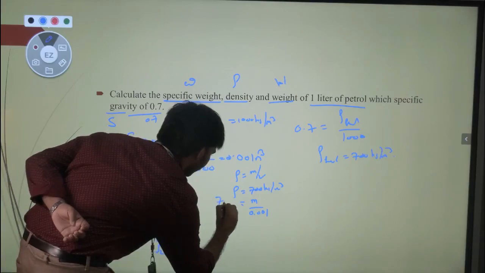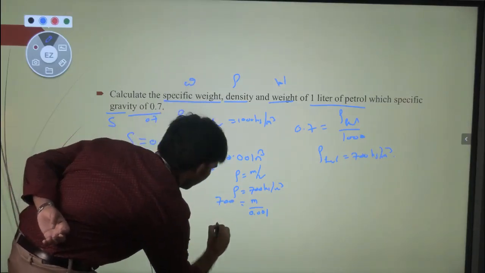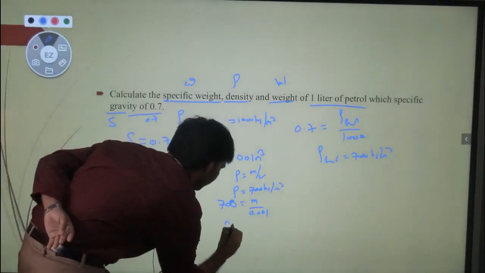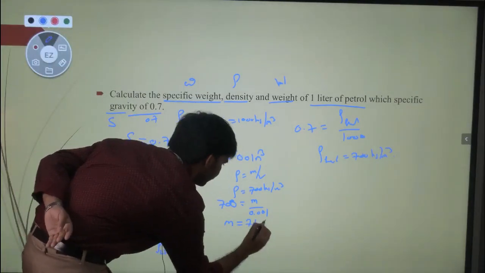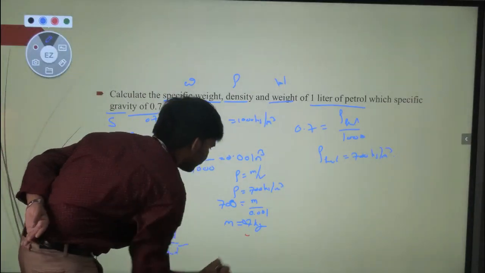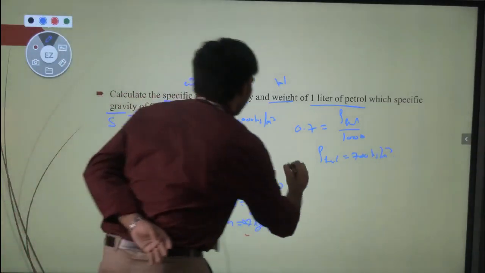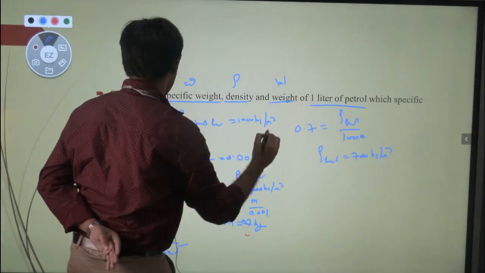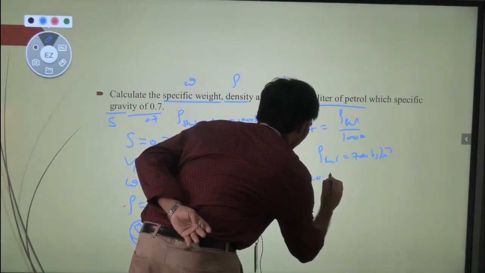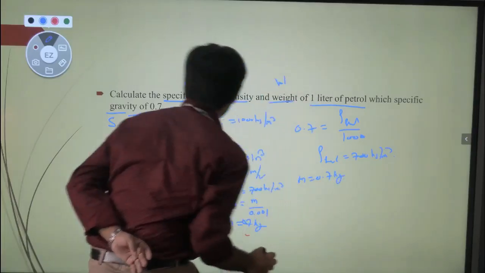So this is 700. What is the mass? The mass is 0.7 kg. Now we know the mass, 0.7 kg.